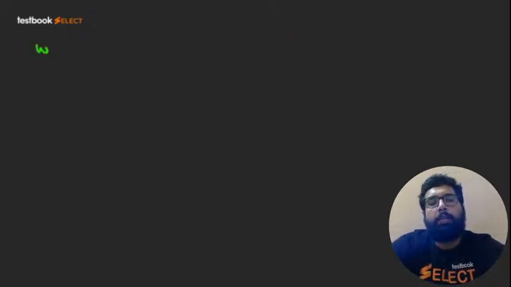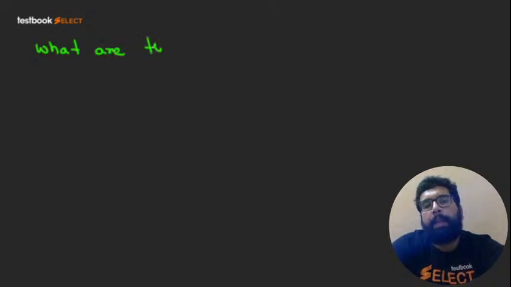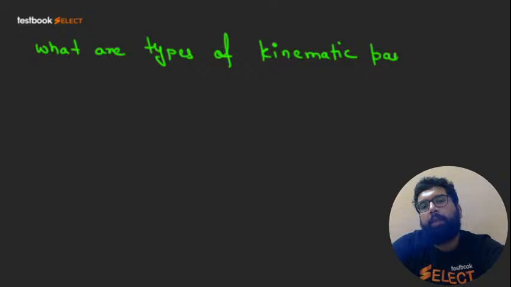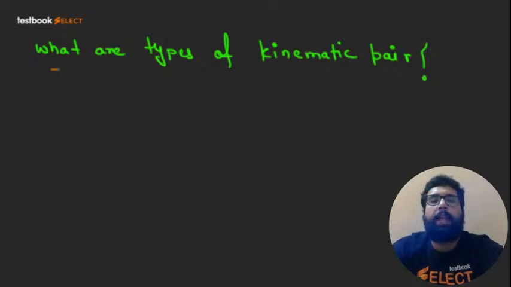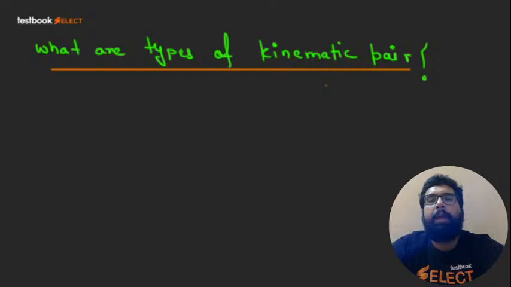Now the question is, what are the types of kinematic pairs? Can you answer me that, beta? Kinematic pairs can be classified in how many ways?